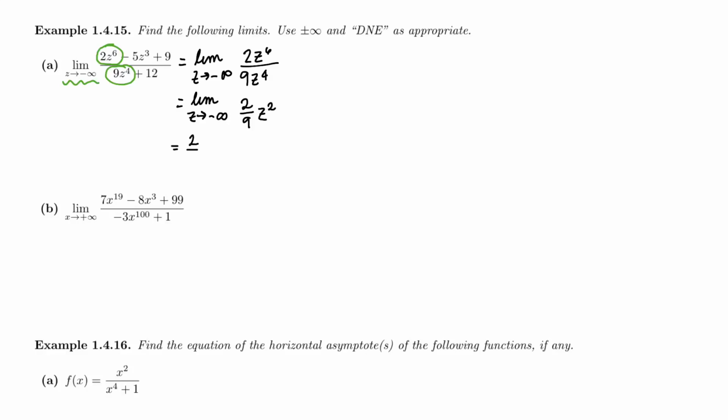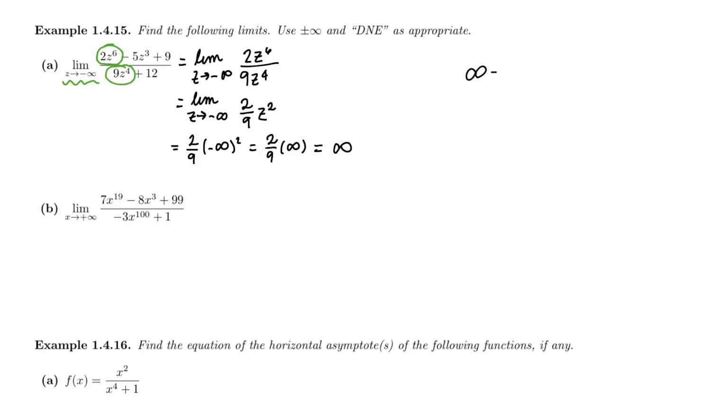Plugging in negative infinity here. If you square negative infinity, it'll be positive infinity. So you have 2/9 times positive infinity. And once again, if you multiply infinity by a number, the most you can do is change the sign. So if this were a negative 2/9, you could make it negative infinity, but 2/9 times infinity, that's just going to be infinity still.